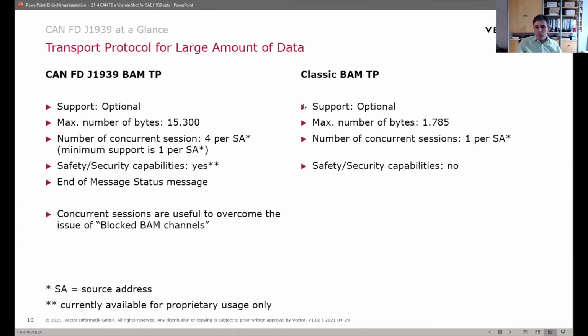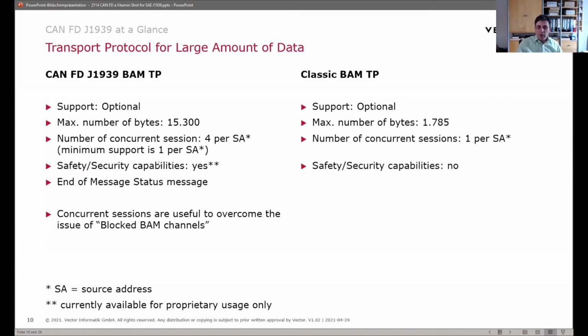So the BAM is still available. However, it offers more options. We have an increased amount of data, so we can transmit roughly 1500 bytes or 15K bytes in comparison to 1785 bytes with the classic approach.